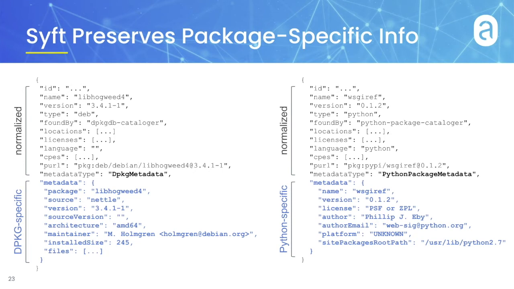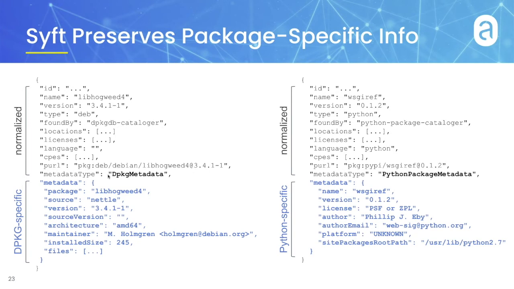So this is very useful in our context. We make a vulnerability scanner called Gripe, and Gripe uses a lot of this raw information to go one step further in finding vulnerabilities for packages. For instance, this libhogweed on the left has a listing for source. dpkg tracks source packages upstream from the source field, which is where we parse this from.